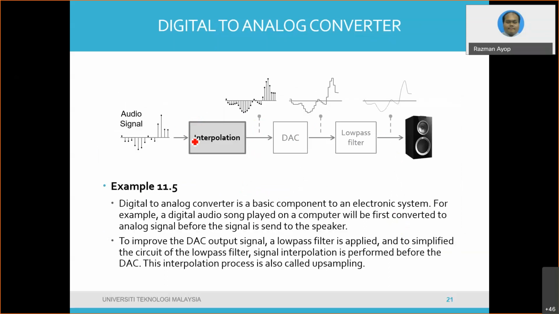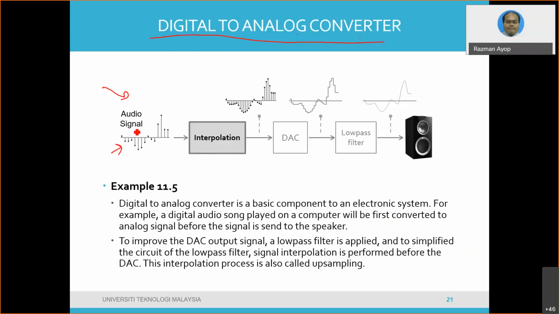So this one, digital to analog, is another electrical example. You have a digital signal, you want to convert to analog. An audio signal like MP3, or your video, anything that you look at on your phone, is basically a digital signal.